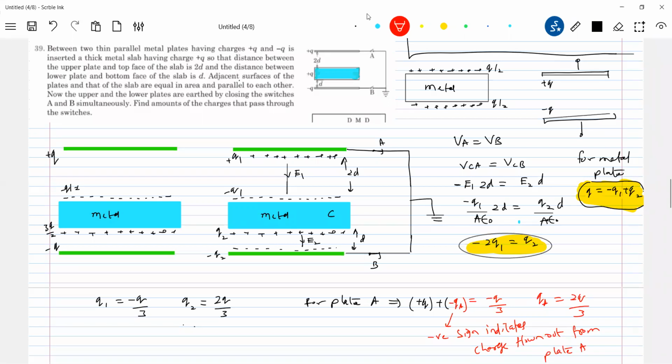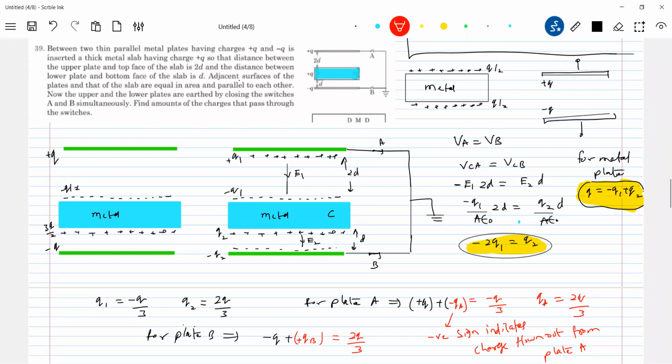Okay. Similarly, go for plate B. Plate B, what was the charge? Minus Q. Then it has become 2Q by 3. So for plate B, earlier charge was minus Q. I'll assume that plus QB charge entered, and it has become 2Q by 3. What do you mean by positive sign?